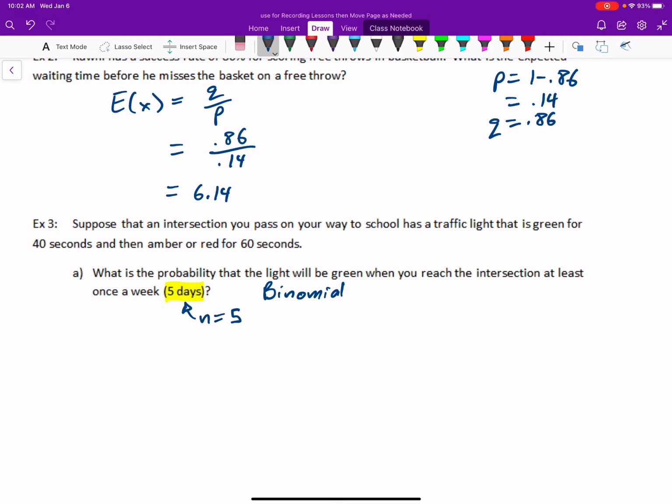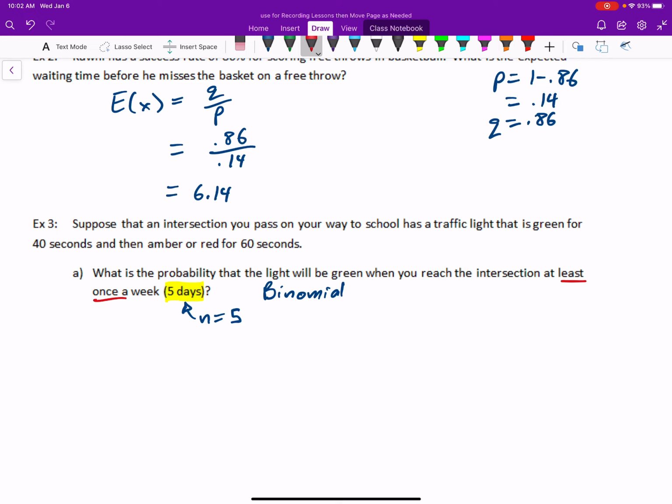Binomial, n equals 5. At least once, well, that's telling me indirect method probably, or at least 1, 2, 3, 4, 5 times. It could be green 1 to 5 times.